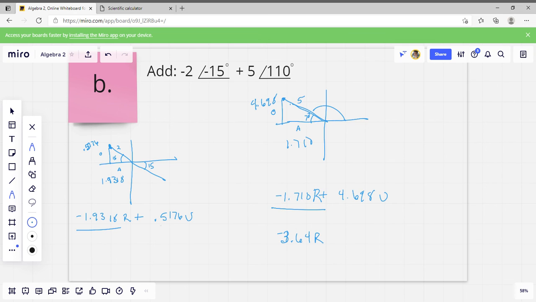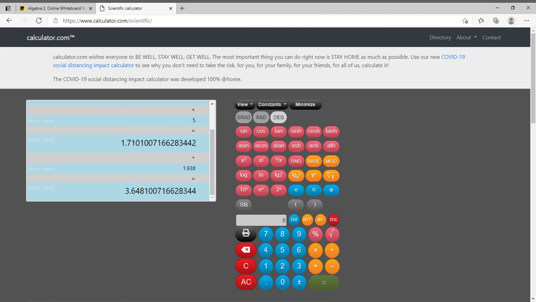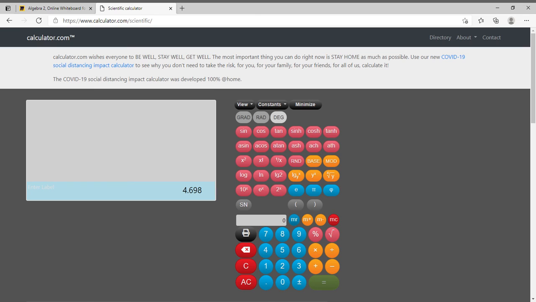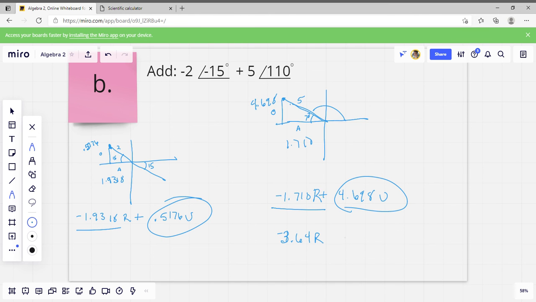And then we need 4.698. And we're adding that one and that one, 0.5176. That gives 5.2156. We can round that up to 5.22.